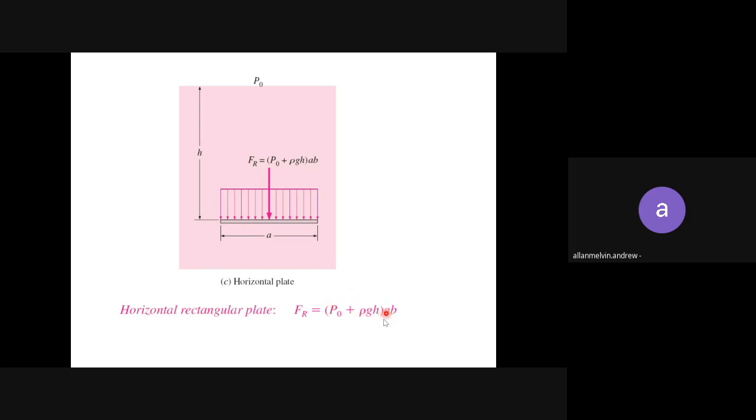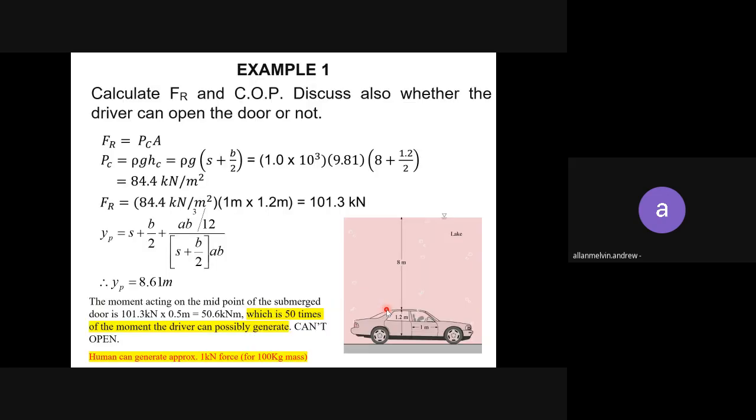So now the sine component. You replace this. So rho g hc is S plus B over 2. S is 8 meters from the surface. B is the car length, and you need to divide by 2.